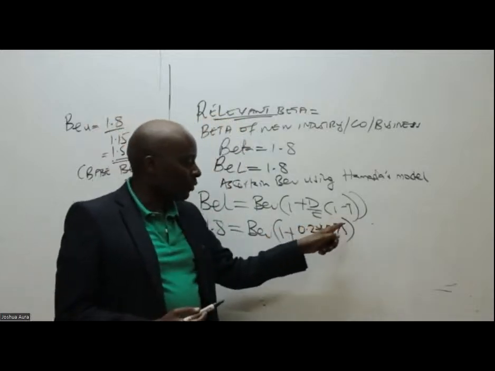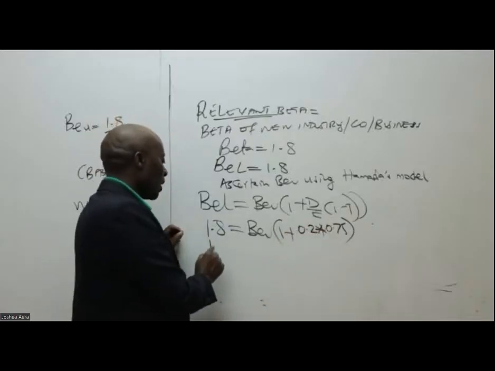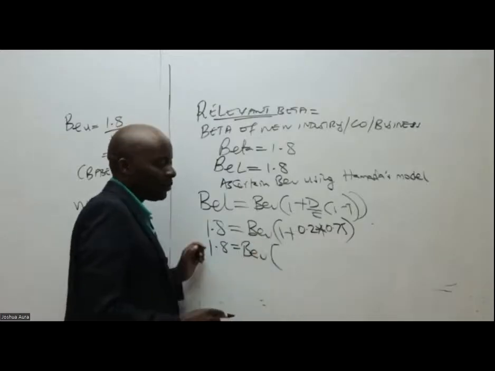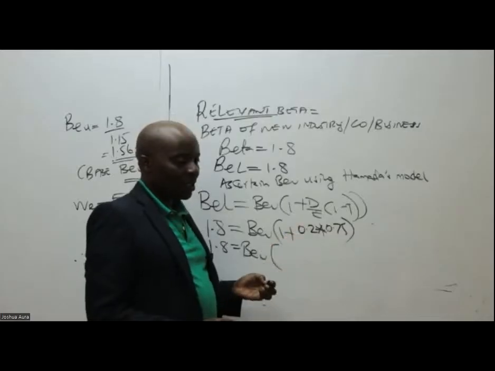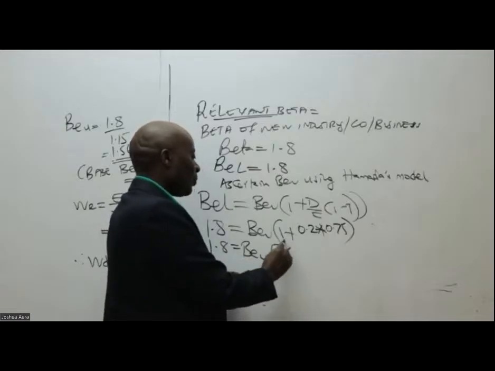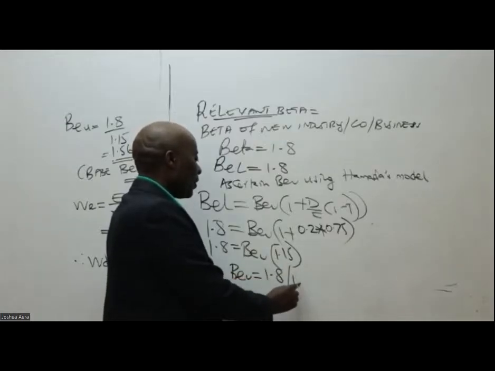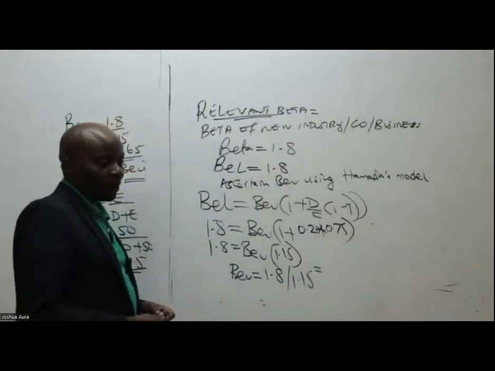Could you kindly give me what we have in brackets? 1 plus this times that. 1.15. So if I make BEU the subject, it will be 1.8 divided by 1.15, which gives me the same answer like the one that you had obtained.